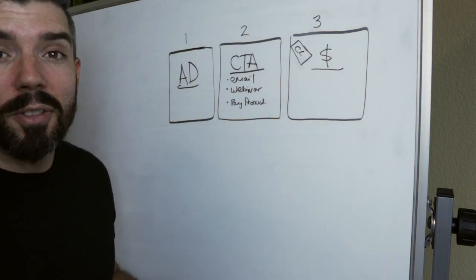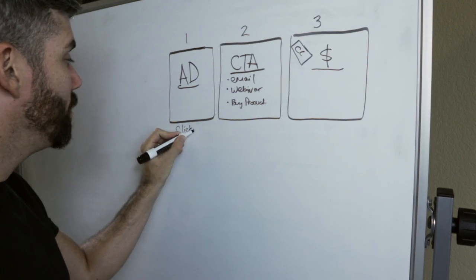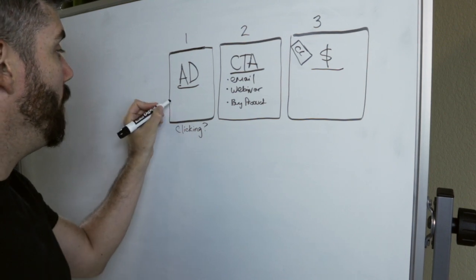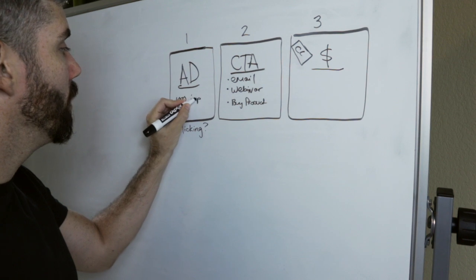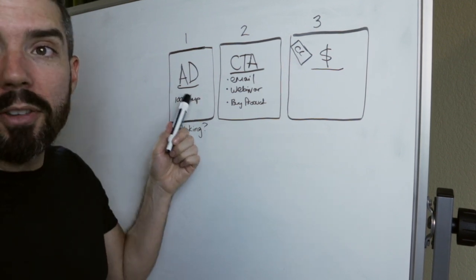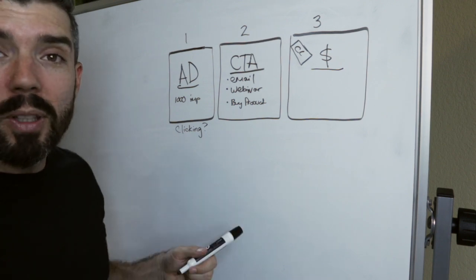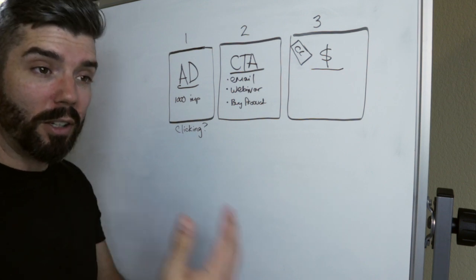All you got to do is ask yourself this question. Are people clicking it? I want to make sure 1,000 impressions happen of my ad. And then I just look. Are people clicking it? You just look on the back of your Facebook Ads Manager and it will tell you the click-through rate.